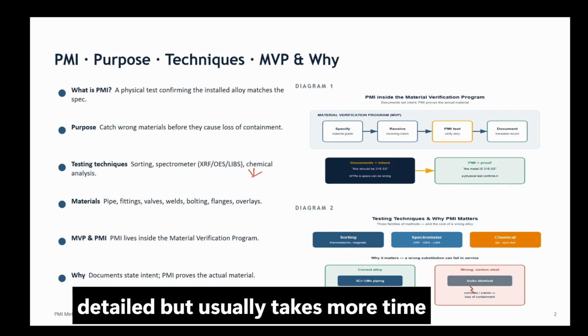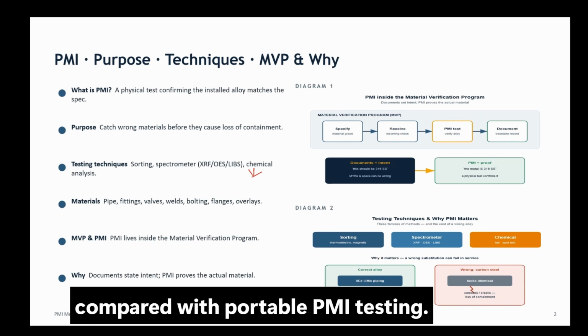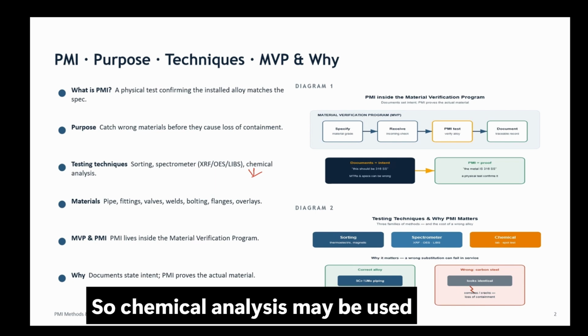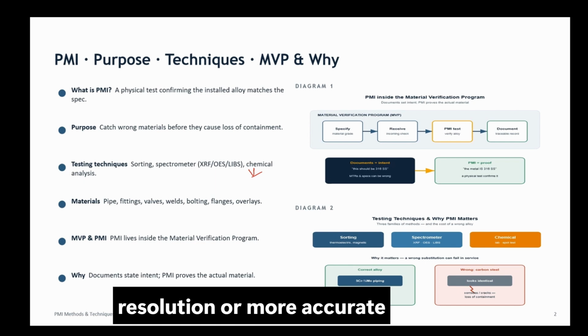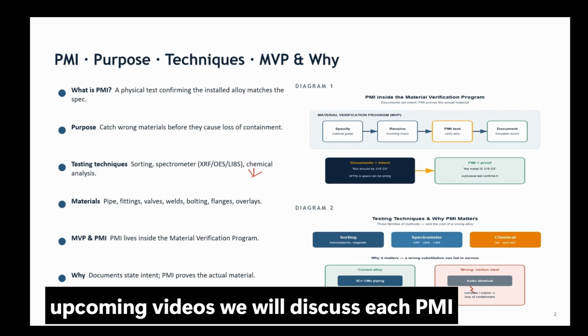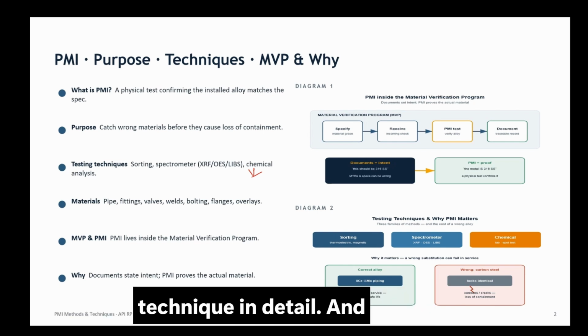It is more detailed but usually takes more time compared with portable PMI testing. So chemical analysis may be used when we need confirmation, dispute resolution, or more accurate composition analysis. In upcoming videos, we will discuss each PMI technique in detail.